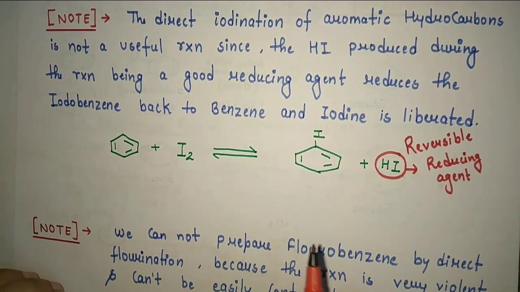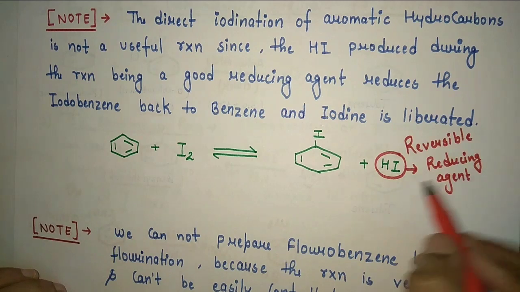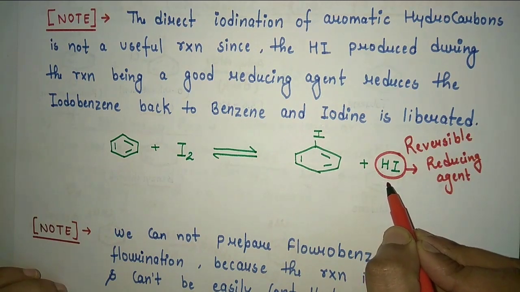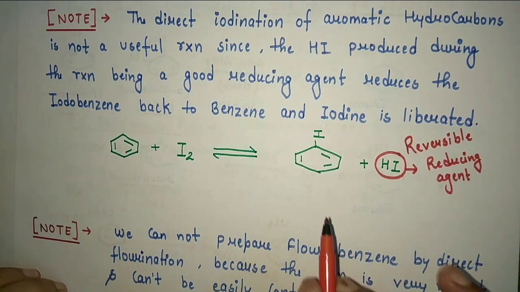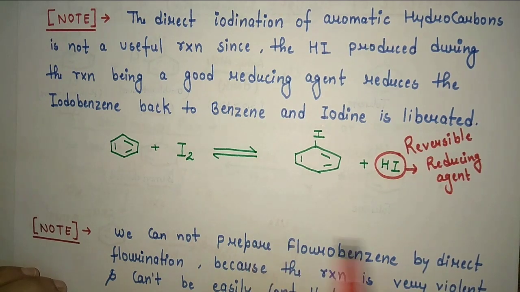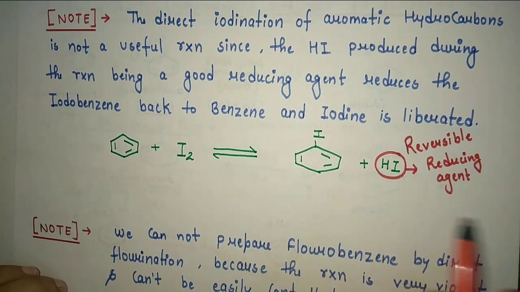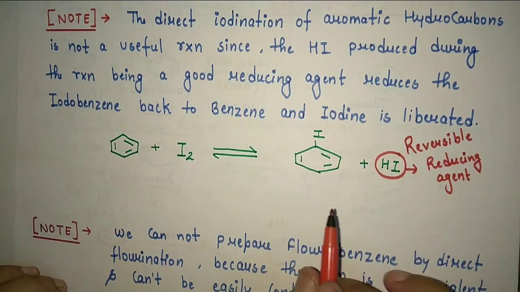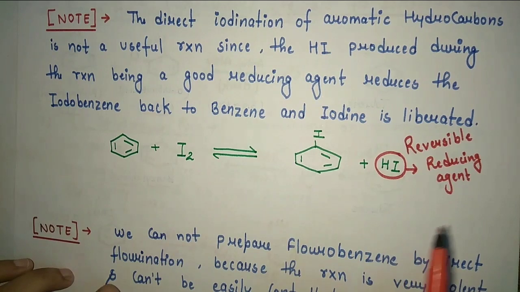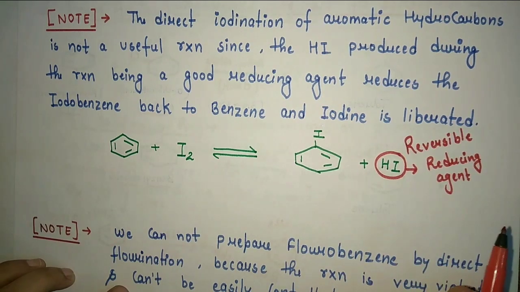Now the question is how we can prepare iodobenzene. Simple, we have to destroy the reducing nature of HI by introducing an oxidizing agent such as HNO3, and the HI produced is immediately oxidized to I2, and thus the reaction proceeds in the forward direction.